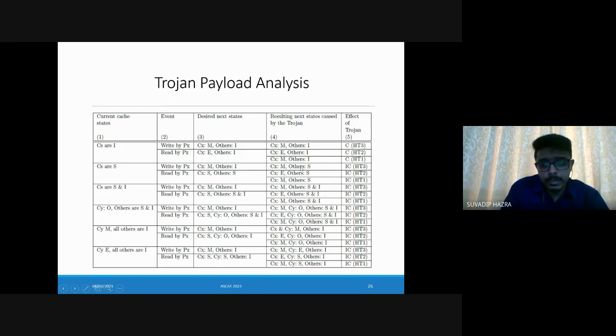The rest of the processors will obtain the block in shared state. So this is an incoherent state combination, and we have also written down which Trojan model is affecting it. Trojan model 3 is affecting this state combination. Similarly, all these incoherent state combinations are listed here.